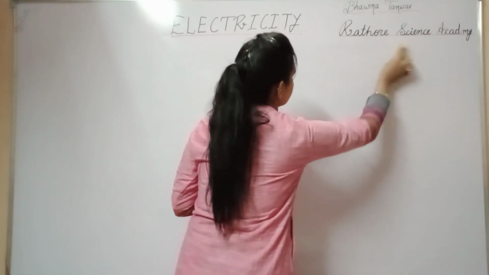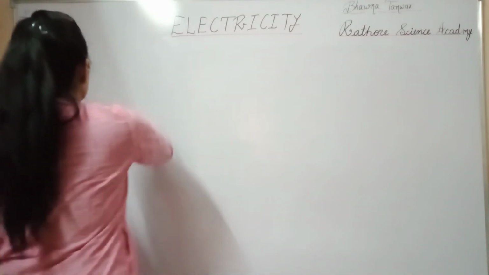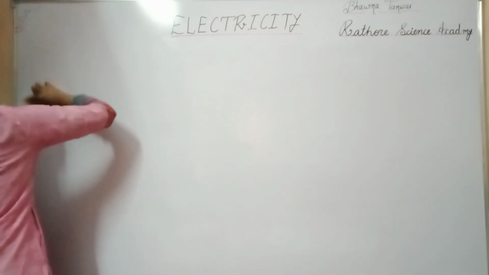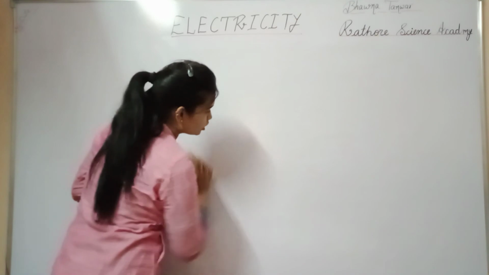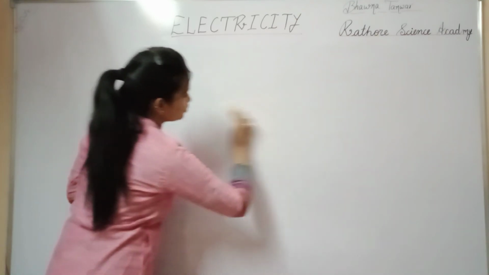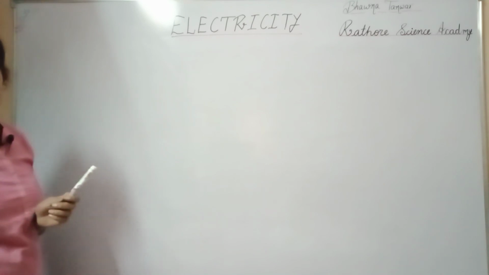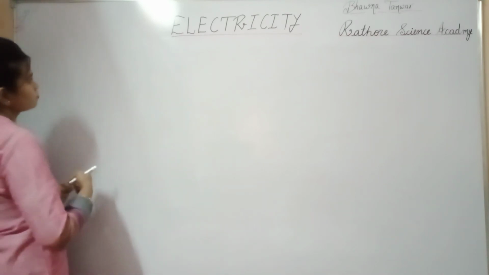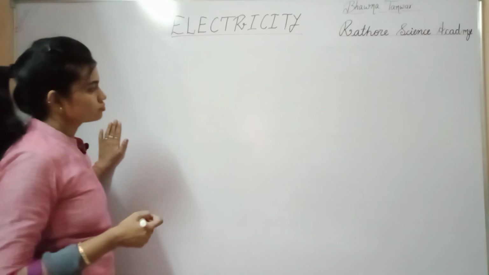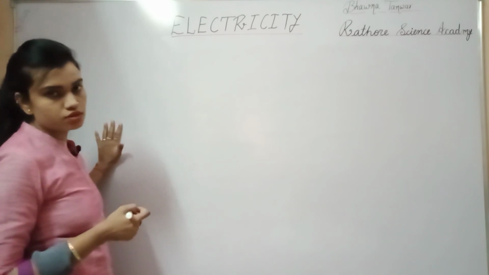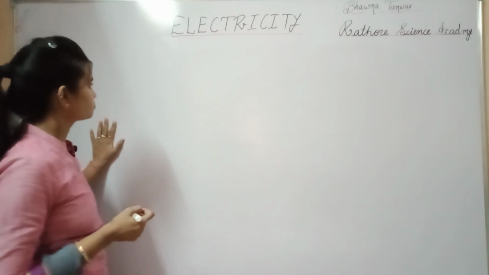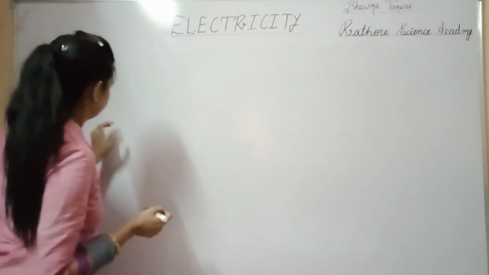Then we discussed conductor and insulator, electric current, electric potential and potential difference, and we have noted the formulas also. So see, let us solve one question.